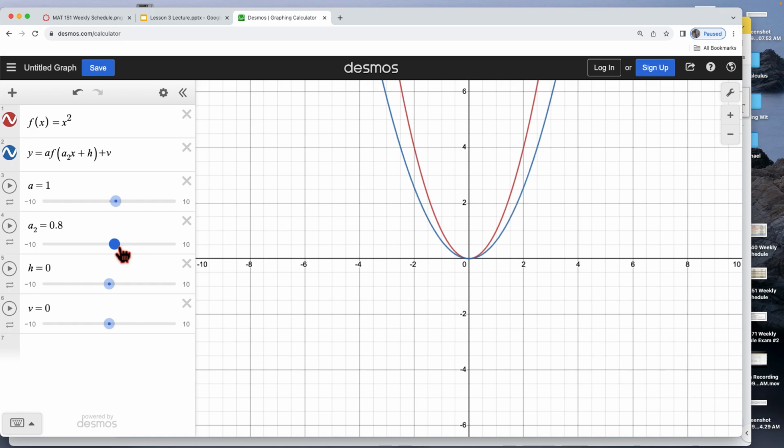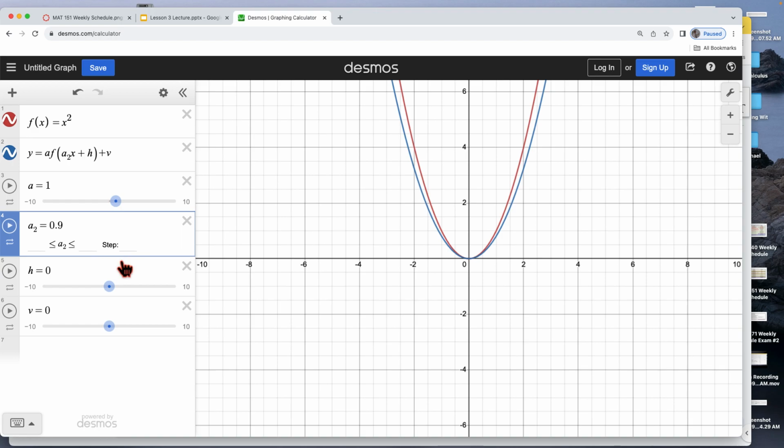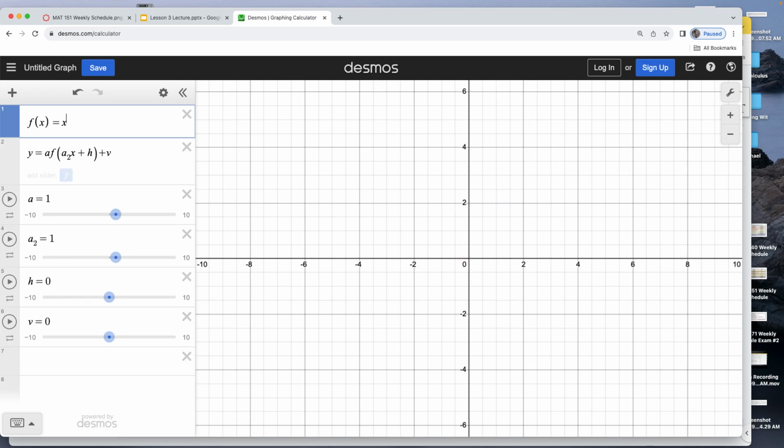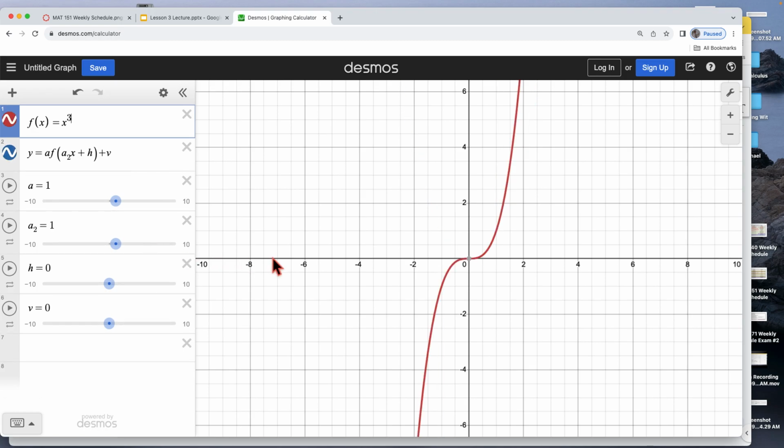And what I want to show you here is we can put in any of the toolkit functions. We could put in x to the third, not 23rd, x to the third. And we could see how that happens.